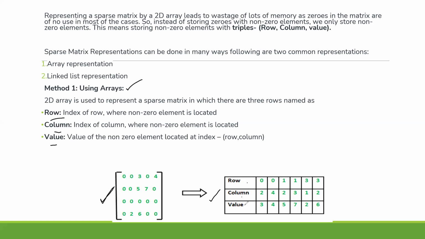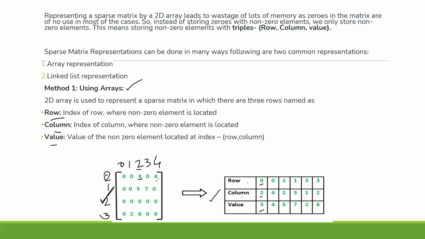Row, column, and value we have to write. Here the indices are 0, 1, 2, 3, 4. So row 0, column 2, value 3.